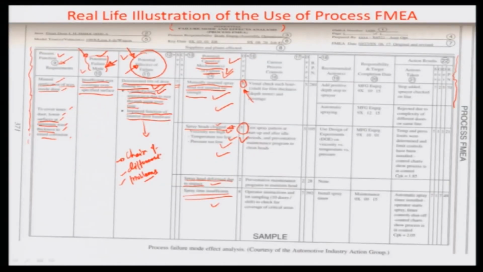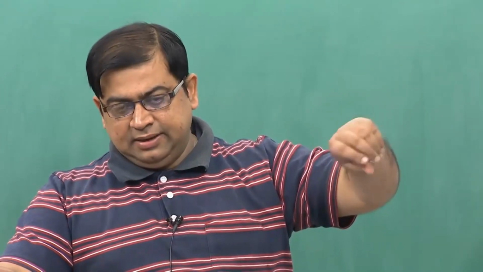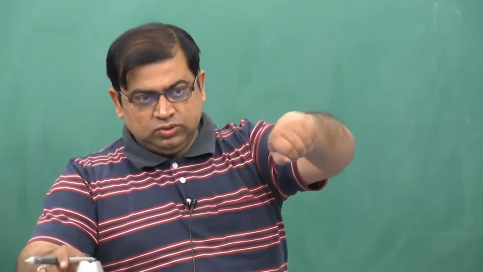Okay, and then obviously spray head deformed due to impact is quite less, maybe 2 in 10, or 20% of the cases. The operator may have accidentally rammed the nozzle against something to do some hammering action. In this particular case, the hammering action may be just related to the door getting jammed, and you have to open the door in order to do this application.